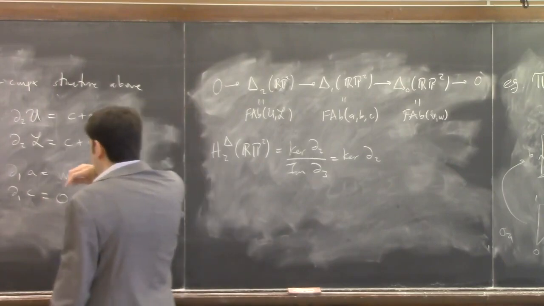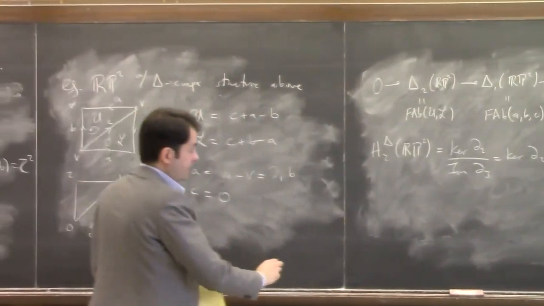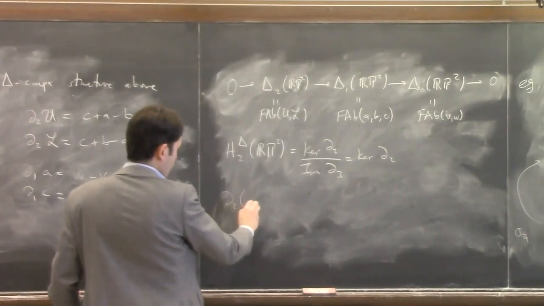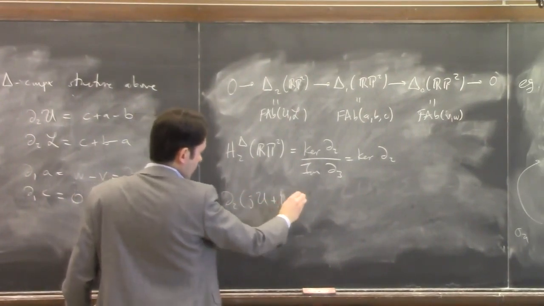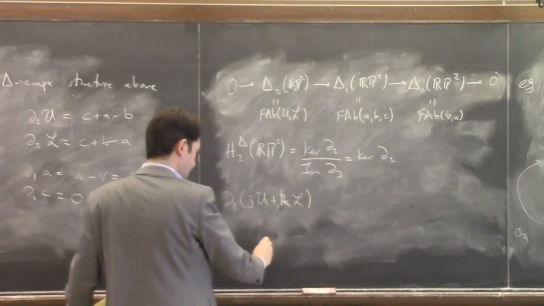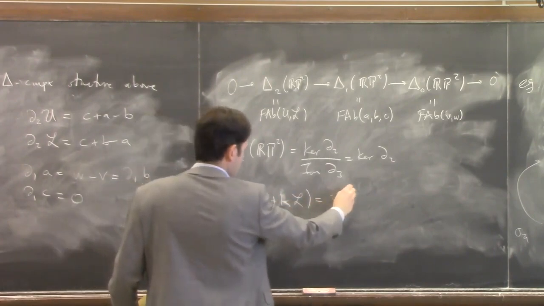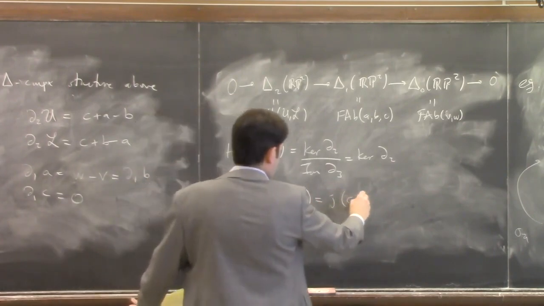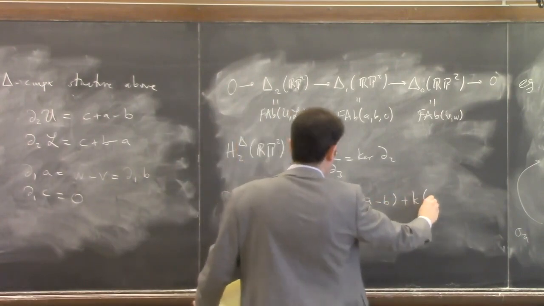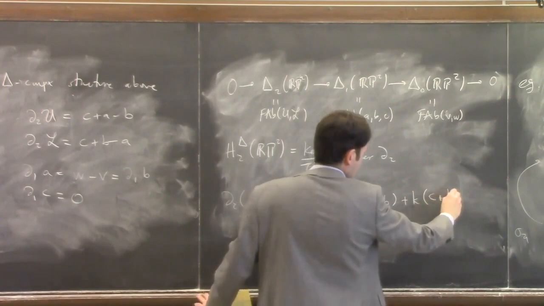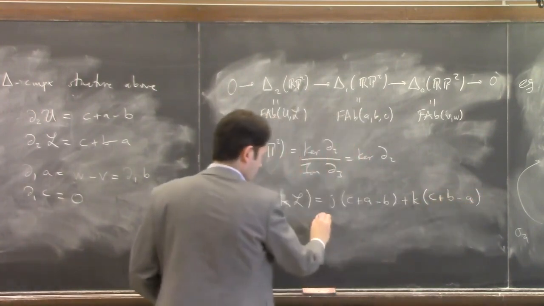Okay, so what is the kernel of delta 2? Well, if you have delta 2 of, say, j times U plus k times L, that's going to be j times (C plus A minus B) plus k times (C plus B minus A).